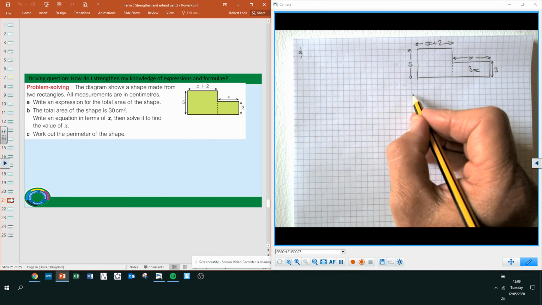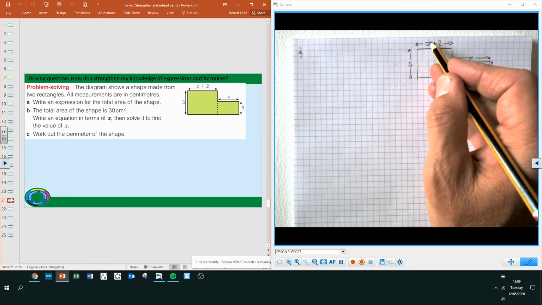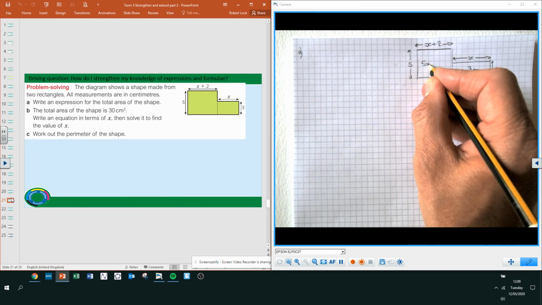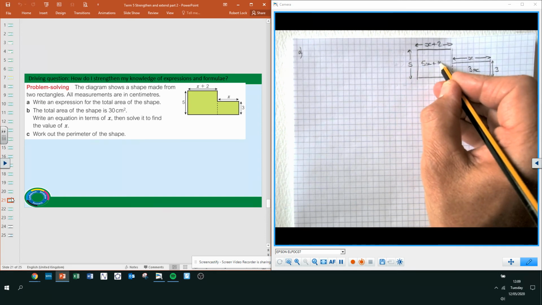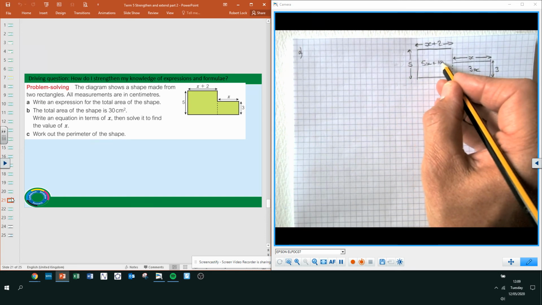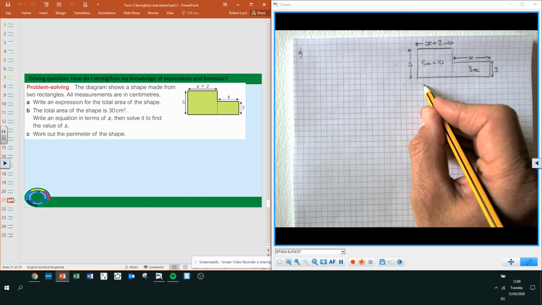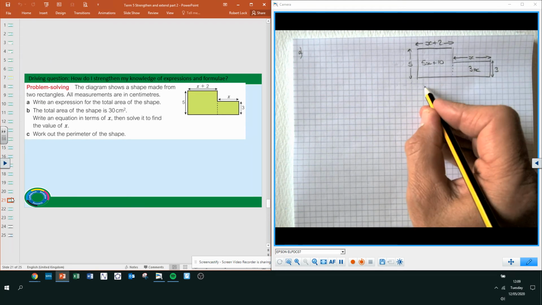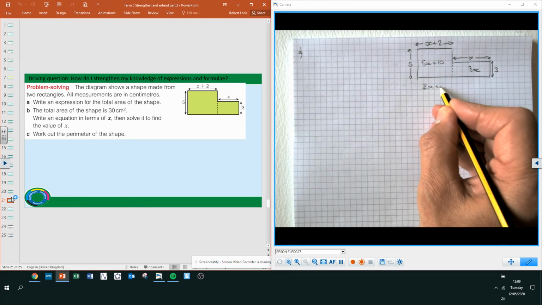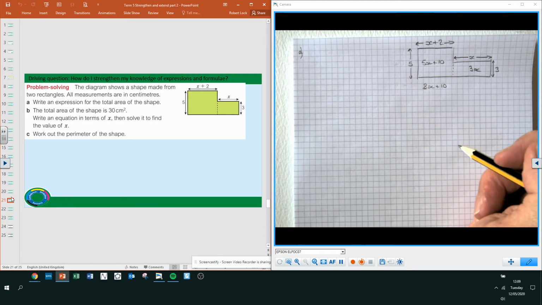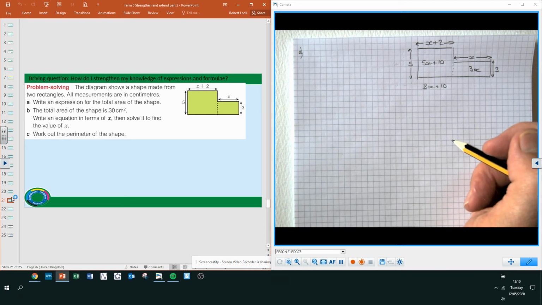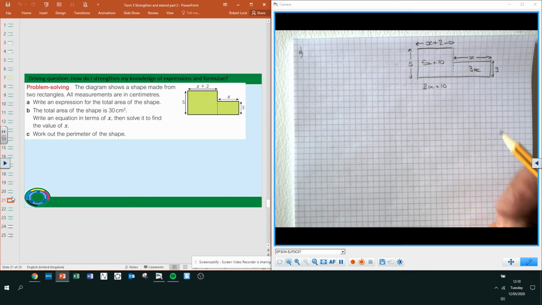So 5 times x is 5x, and 5 times 2 is 10. So that area there is 5x plus 10. That area here is 3x. To work out the area, we add the two areas together. So 5x plus 3x is 8x plus 10. Write an expression for the total area of the shape. Oops, I think we just solved it.